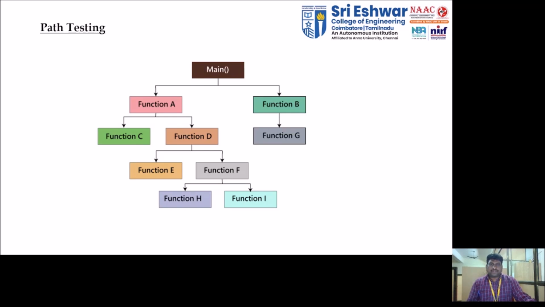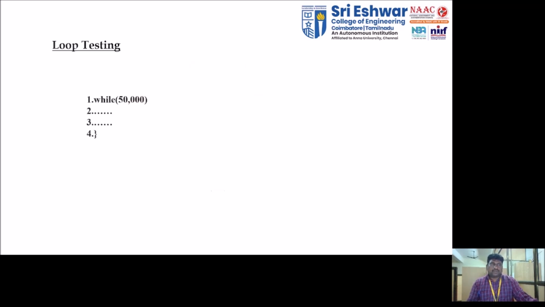Next, loop testing. Loop testing means checking the loops in the program to make sure they work correctly and efficiently. We test the for and do-while loops as well, and also check whether the end condition is working correctly and whether the size of the condition is enough.